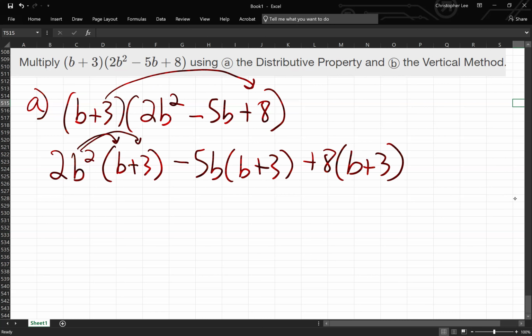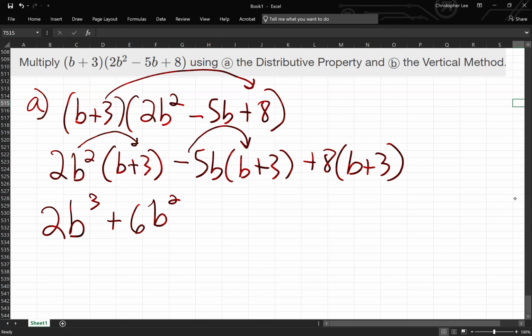First one is going to be what? No, not 6. 2b cubed. All right. Next one is what? So plus 6b squared, right? Next.